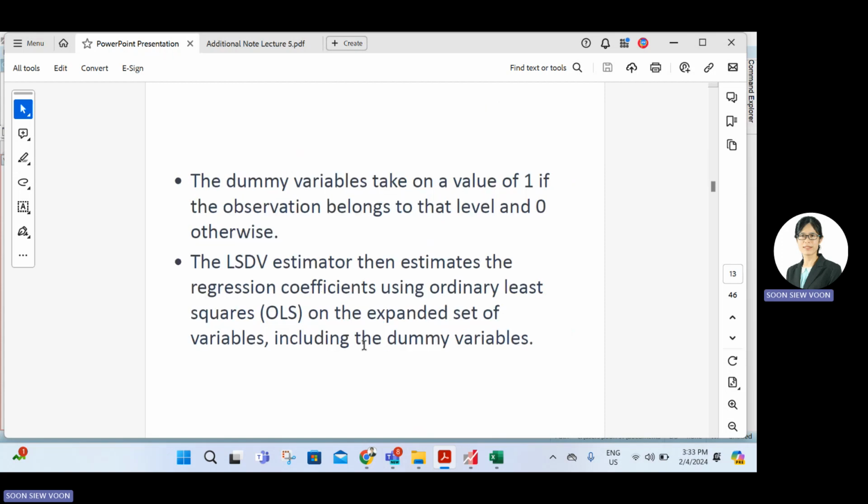Let's see how it works. The dummy variable takes on a value of 1 if the observation belongs to that level and 0 otherwise. So it takes on two values, 1 or 0. Then you can estimate the regression coefficients just by using OLS.